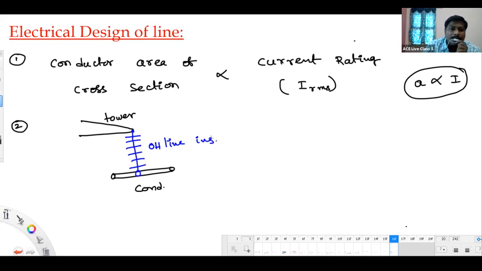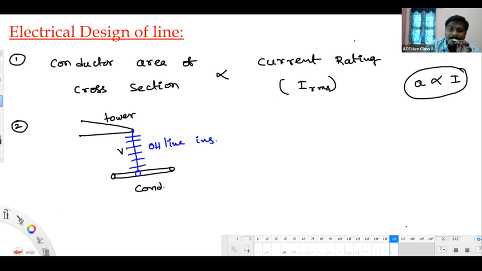Based on what criteria are we going to keep this insulator? On what basis are we going to select the insulation level? Just listen. We have connected that insulator between the conductor and tower. Whatever voltage we have between the conductor and tower will appear across this overhead line insulator.